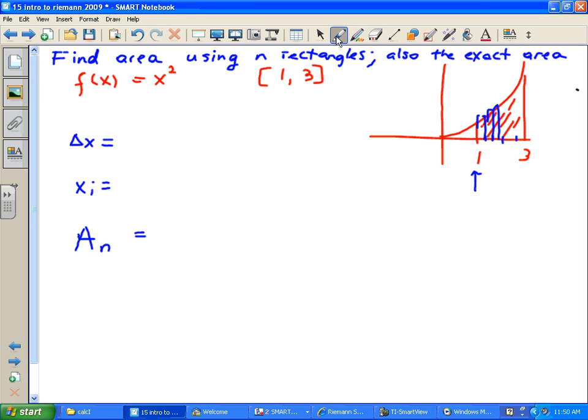At the moment, the assumption is we're going to have n rectangles. So the rule was b minus a over n, and in this case, that is 3 minus 1 over n, or 2 over n.